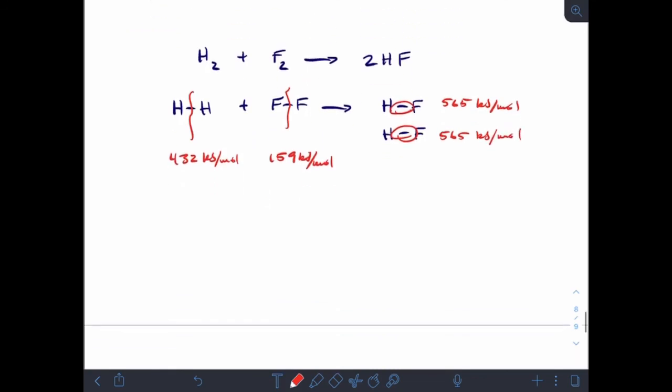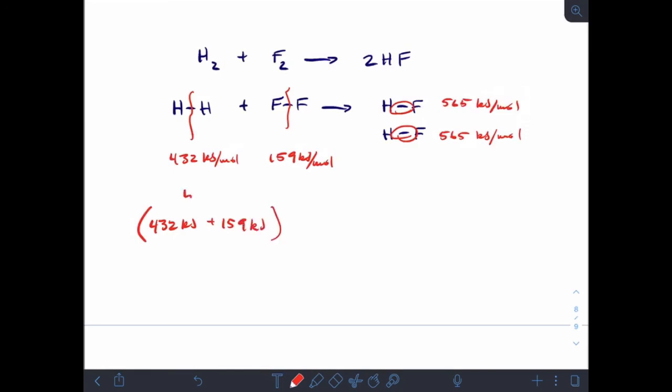All right, so we make the moles disappear from our units because we're going to multiply by however many moles of molecules that we're breaking, moles of bonds. Okay, so in this case, I have 1 mole of hydrogen bonds that we're breaking, 1 mole of fluorine bonds that we're breaking, and 2 moles of HF bonds that we're forming. Okay, so 432 kilojoules plus 159 kilojoules.